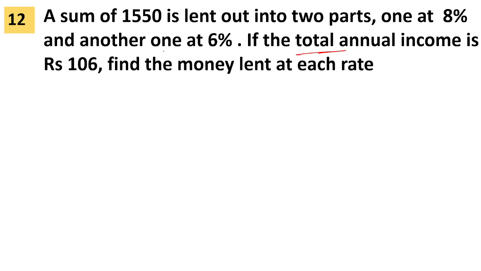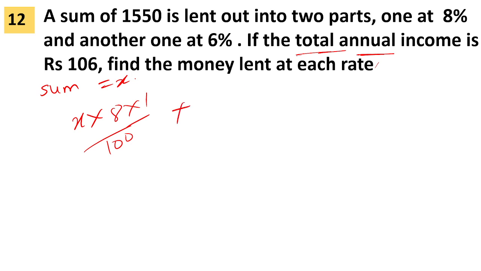Okay, so first, what is given? Let's take the sum as x. What is the formula? PRN. What is P? x. What is R? First condition, that is 8% into, see, he is mentioning annual, means T will be 1, by 100, plus, because it is total income, so plus again this.